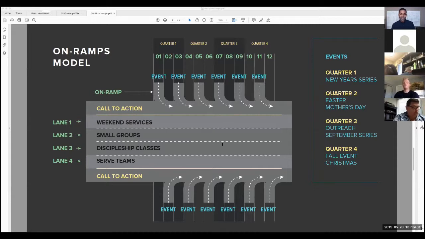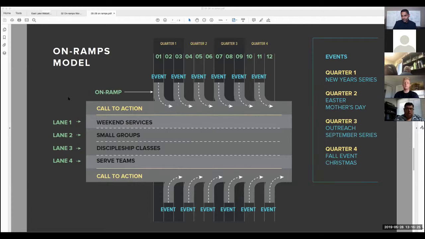So the event, let's say it's a men's event. We'll just use that as our example. If the event is about helping men just find freedom and be the man that God called them to be, towards the end of that event, we need to provide a next step for them. And I would say the best next steps are going to be either a direct next step or an indirect next step.